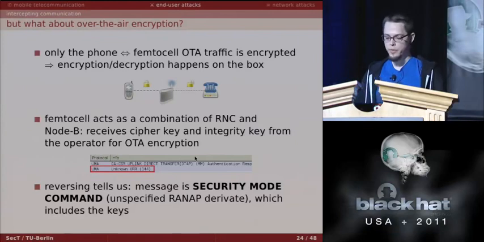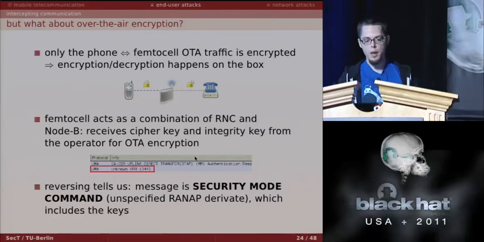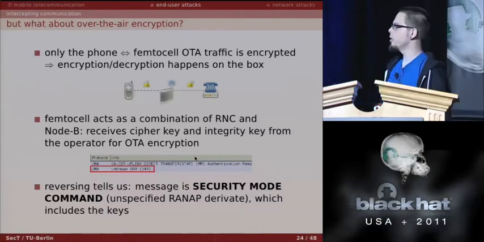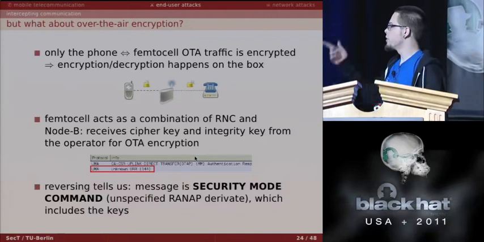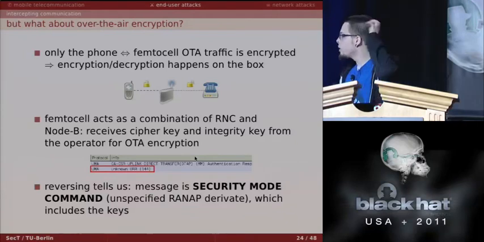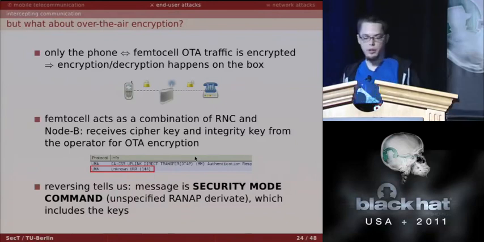And in the case of the Femtocell, the Femtocell receives this key from the network. As you see in this Wireshark screenshot, this is the red marked message, and it's unknown to Wireshark because this is not really standardized in any way.